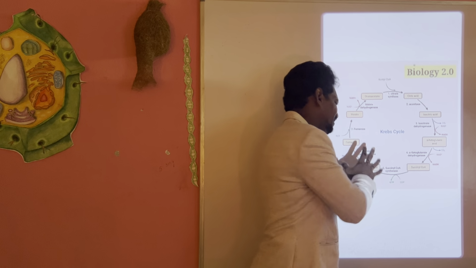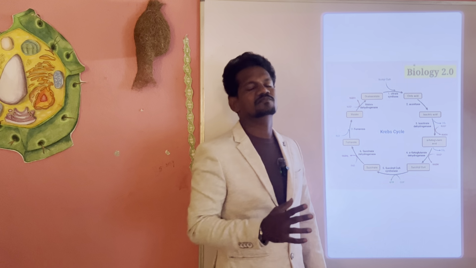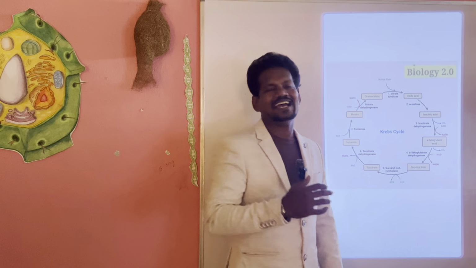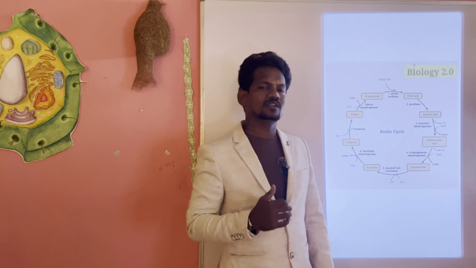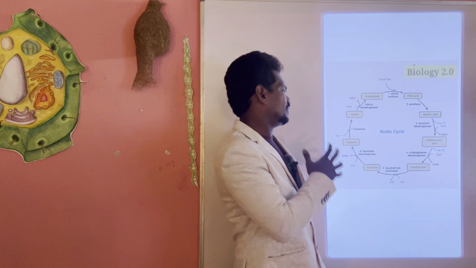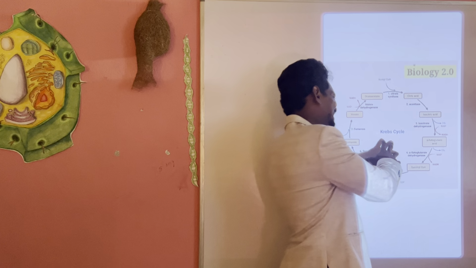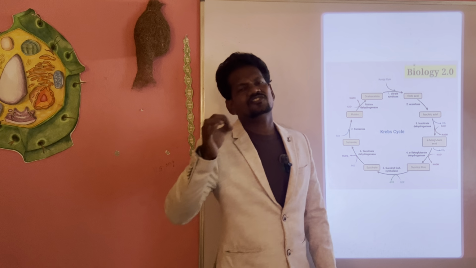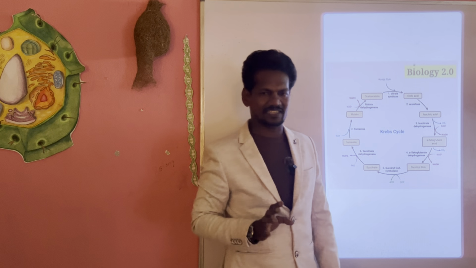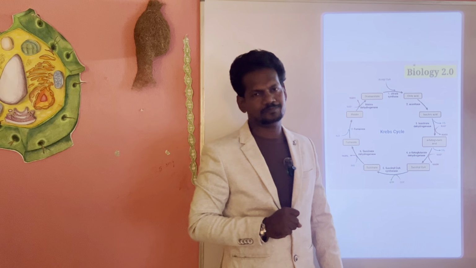This Krebs cycle was discovered by the scientist Sir Hans Krebs and his team, who were awarded the Nobel Prize, the entire team. So the Krebs cycle is also known as the Hans Krebs cycle. In this cycle, the first stable product formed is called citric acid, so it is also called the citric acid cycle.